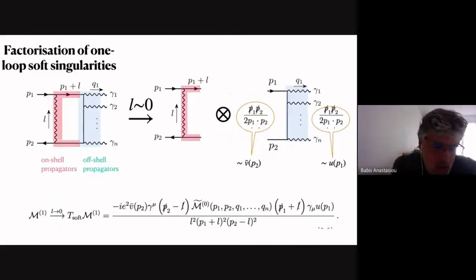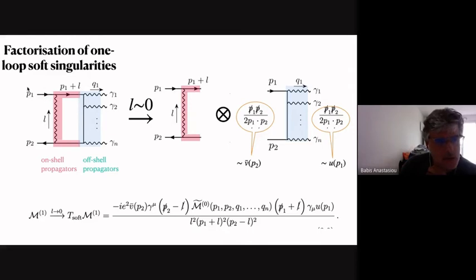According to what I told you before, I should subtract away first the soft singularity. So in order to do that, I need to find an approximation of the amplitude in the soft limit, when this particle here has almost 0 momentum. What then happens here? If this exchanged photon is soft, it does not really bother the incoming particle.